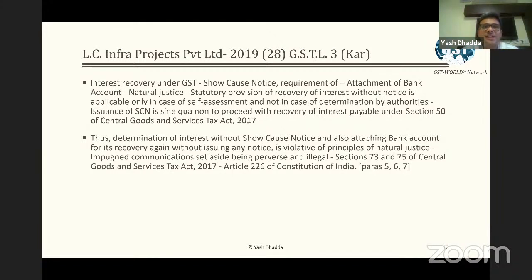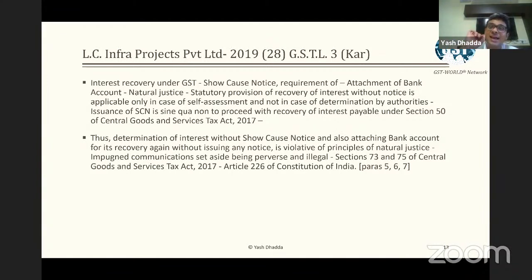And the answer to that comes from this judgment of Karnataka High Court in the case of LC Infra Projects. I'm sure the majority of us are aware of this judgment. This says that 75(12) is only applicable in respect of self-assessed dues. The interest amount which you are not writing in your returns is not a self-assessed interest, specifically when the provisions of the law are a little unclear in terms of how interest is going to be paid.